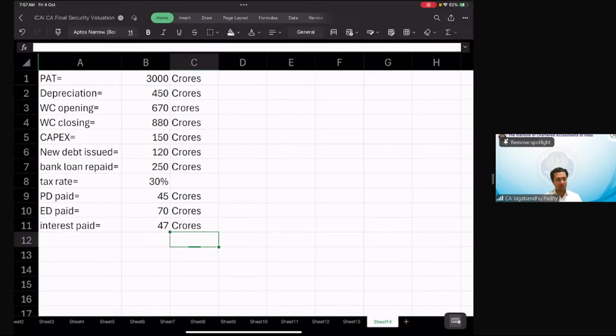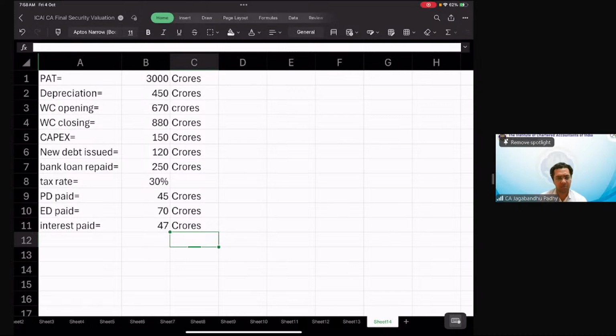So now, can you compute the FCFE first? Compute the free cash flow for equity from these numbers.